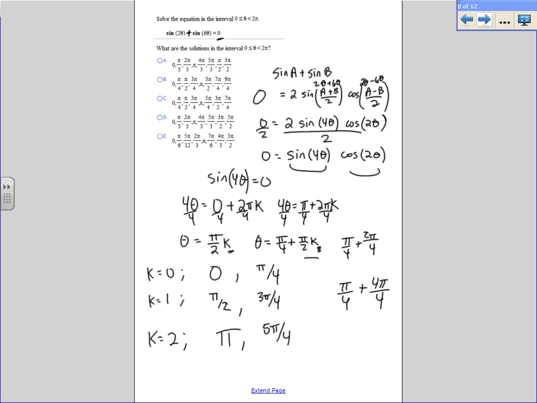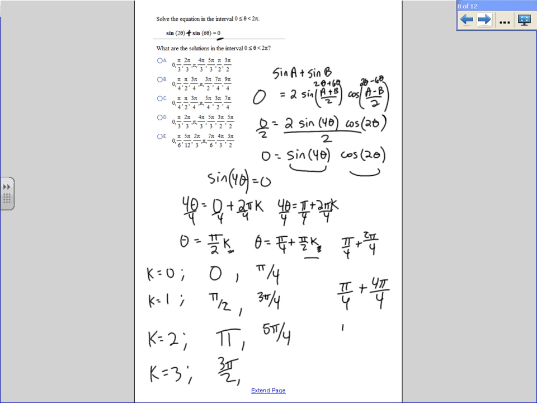So probably seeing where all these solutions are coming from in the answer now. Let's let k equal 3. Pi over 2 times 3 would be 3 pi over 2, so still got some solutions going there. Now, let's put in 3 right here.